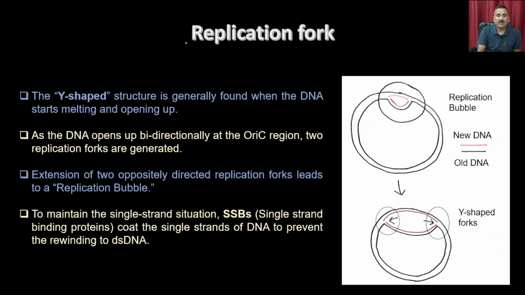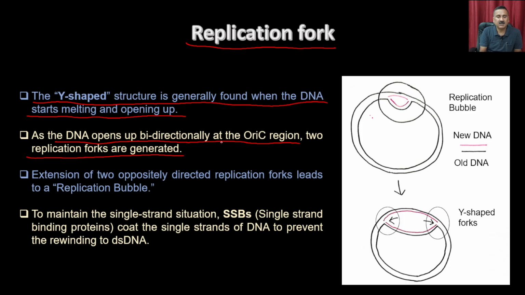Then we have the replication fork. The replication fork is going to be formed, and that is how replication is going to initiate. Once the DNA is melted at the origin of replication, it forms replication forks. The Y-shaped structure is generally found when the DNA starts melting and opening up. As the DNA opens up bidirectionally at oriC, 2 replication forks are generated.